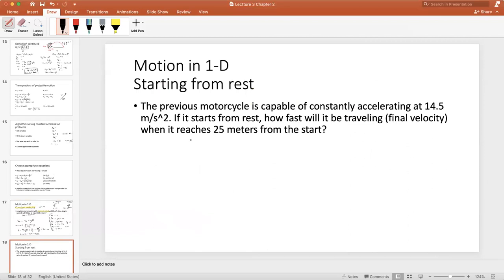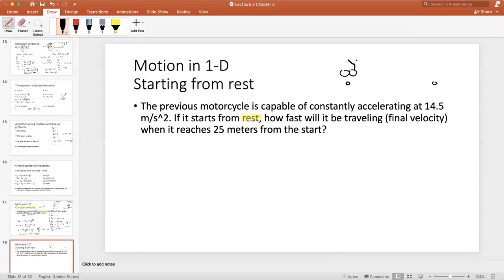We're going to have the previous motorcycle, which is capable of constant acceleration of 14.5 meters per second squared. If it starts from rest, how fast will it be traveling when it reaches 25 meters from the start? So again, I'm going to make a drawing.